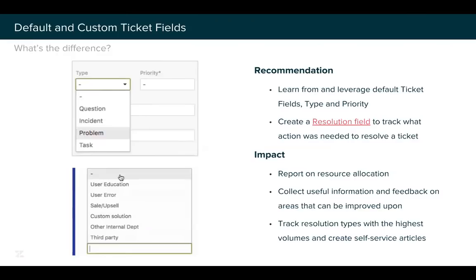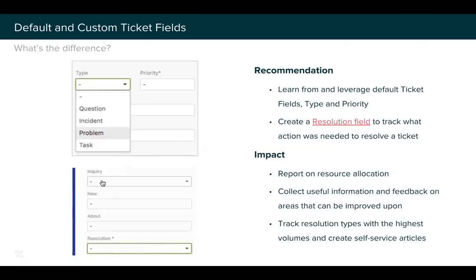And we'll take a look down below at these custom ticket fields then, where we're seeing an example of a resolution field. So this is a great example of how and why you would use a custom drop-down field on your account and create that from scratch, because how you resolve one of your problems is going to be unique to each of these accounts.